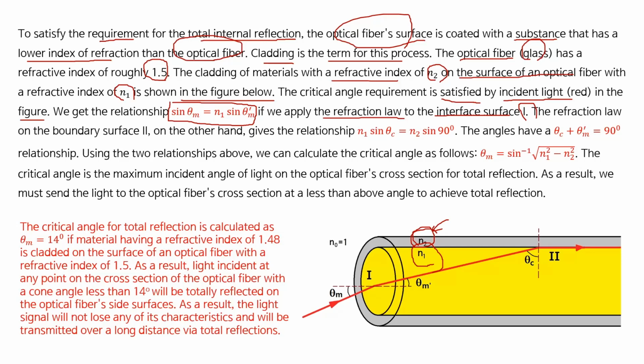So at this surface, if we apply the refraction law, then this is air, so the refractive index is 1, so sin theta m, and this N1 material, so N1 sin theta m prime, this angle.